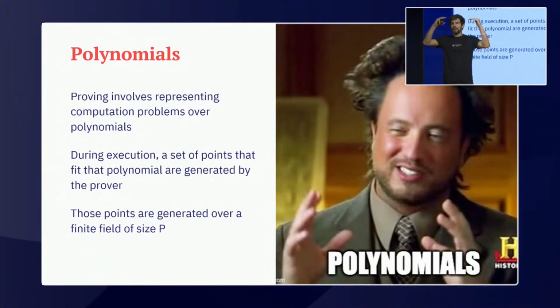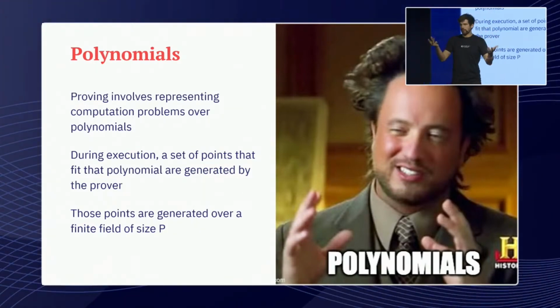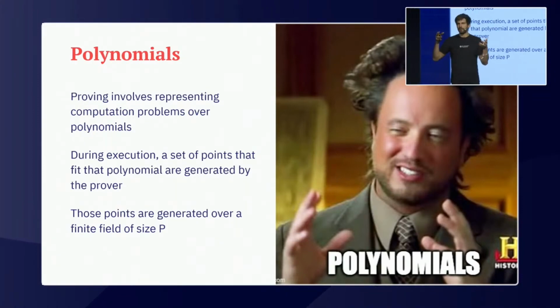Every state of your execution, every time a counter in your execution changes, is added up, and you end up with something that is called the execution trace. The execution trace is a set of numbers, and all of those numbers, if they follow the computation you're trying to prove, will be points on the polynomial that has been defined, right?